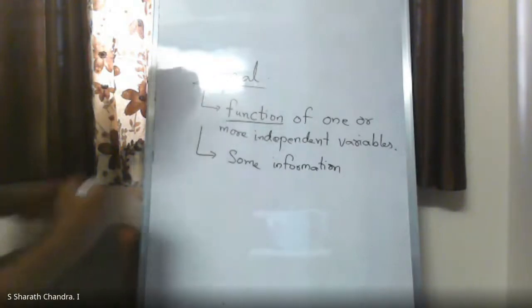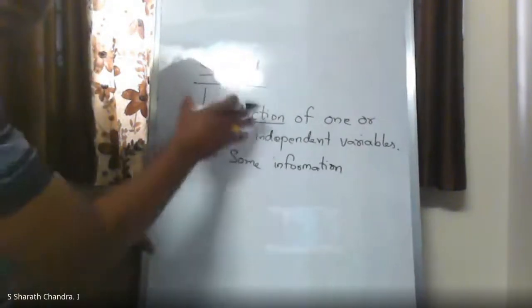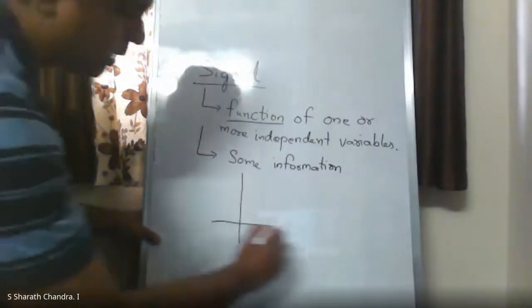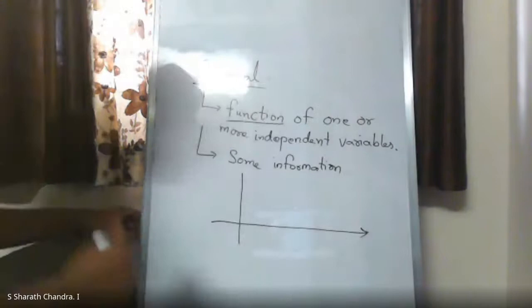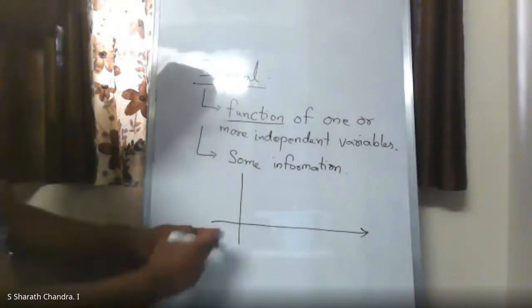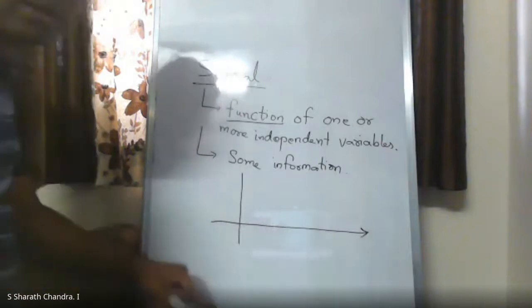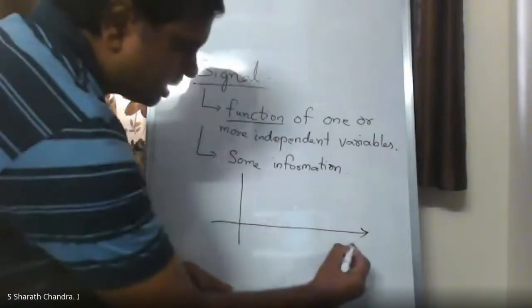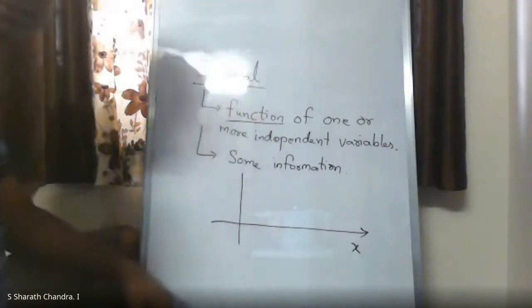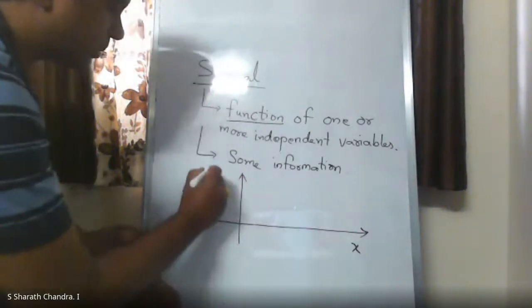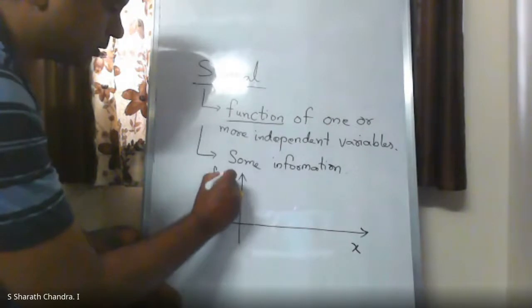Now I would like to represent the physical interpretation and the representation of a signal. Generally, in a two-dimensional way, we represent functions with respect to the independent variable. Let us consider the independent variable as x, and the function defined on that independent variable is represented on the y-axis.